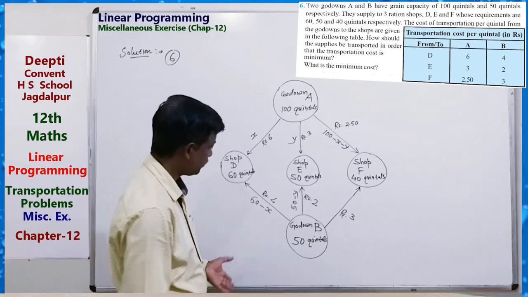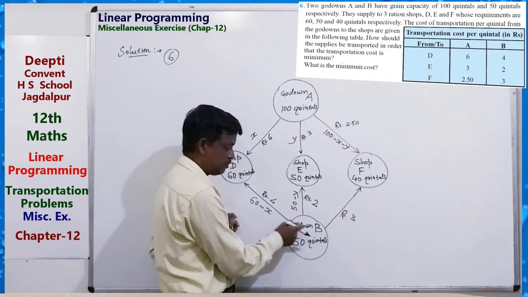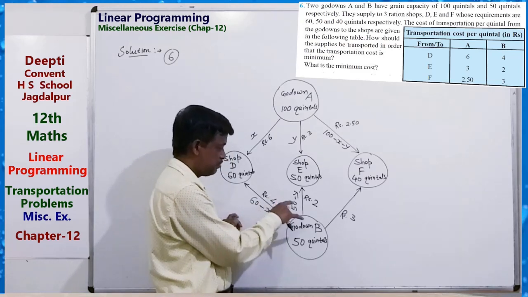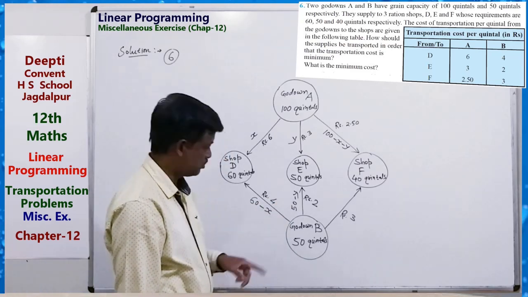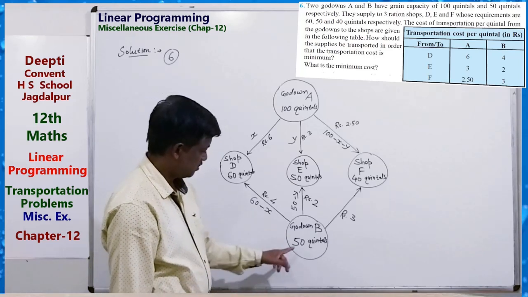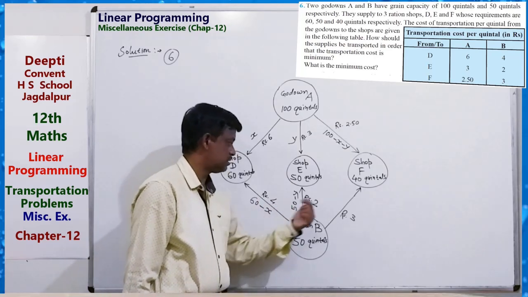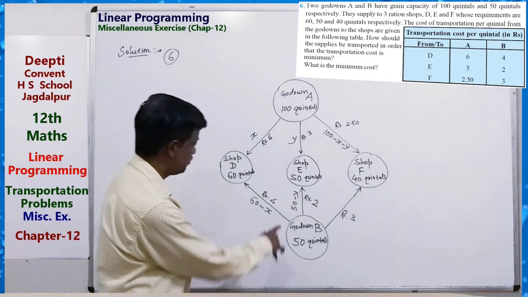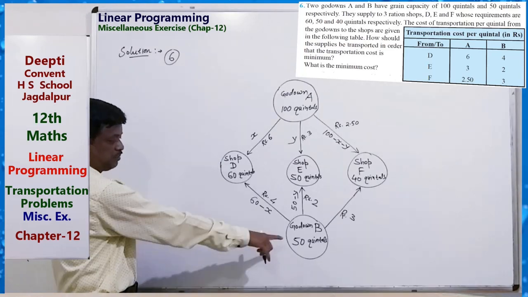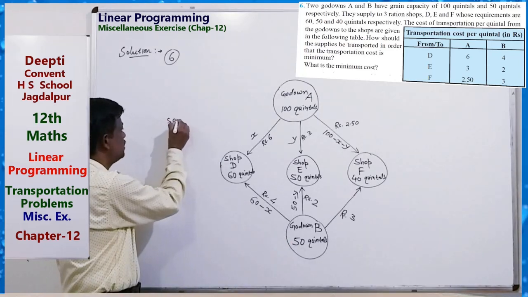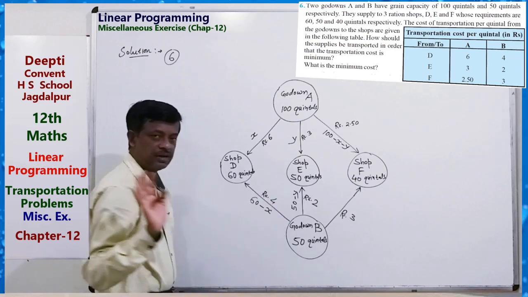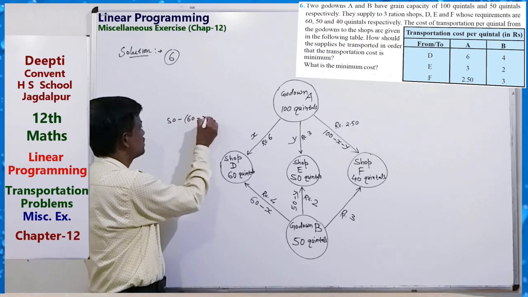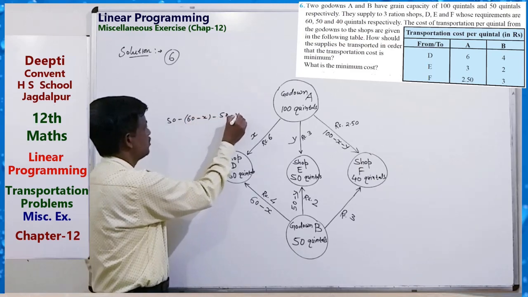And godown B supplies 60 minus X to D and 50 minus Y to E. So the remaining should go to F. What will be the value from here? Godown B has 50 total, so subtract these two: 50 minus (60 minus X) minus (50 minus Y).